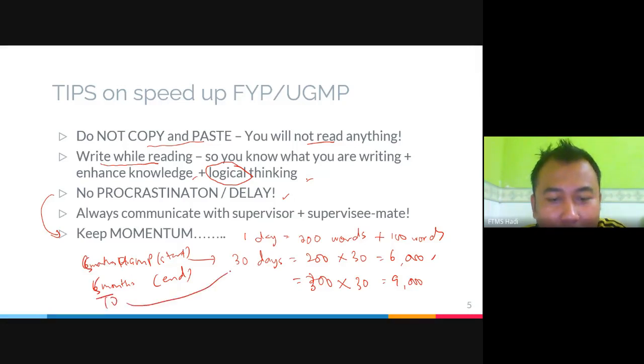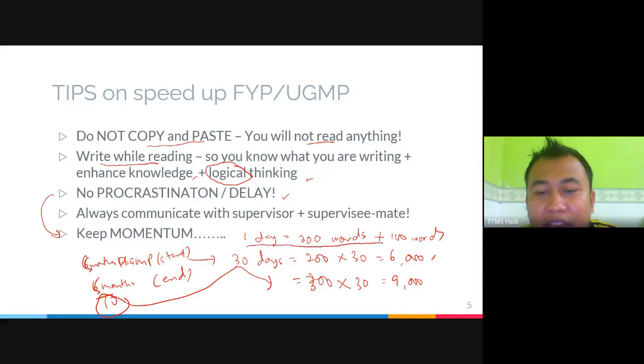You can complete this within 30 days only. So why do you have to wait for the last minute to do it? Instead of completion within 10 months, you can complete it within 1 or 2 months only, because you keep momentum, every day you keep writing, almost 200 or 300 words. So the momentum is very important.